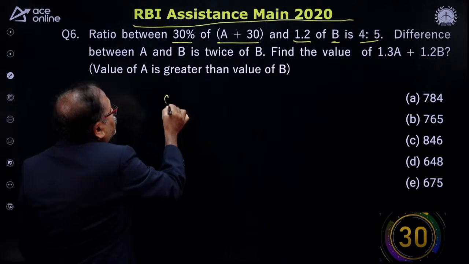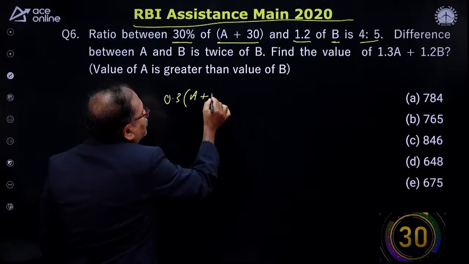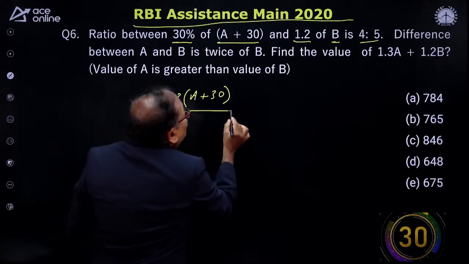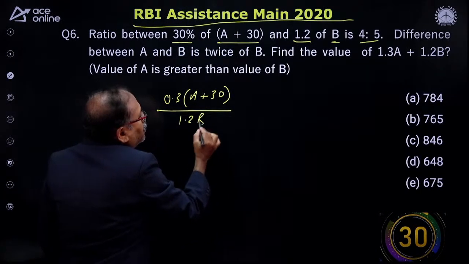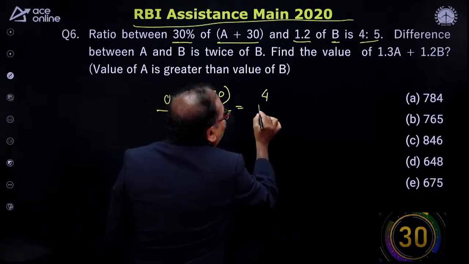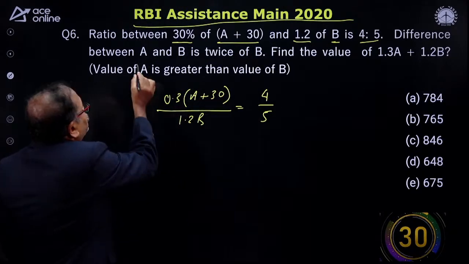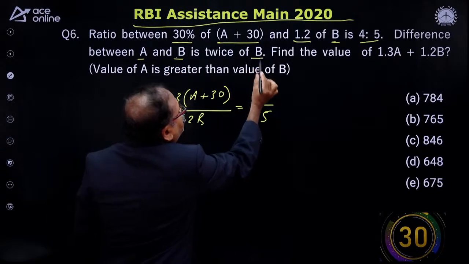So that means 0.3 of A plus 30, divided by 1.2B, is equal to 4:5. This is the information I have. And the next one, the difference between A and B is twice of B.